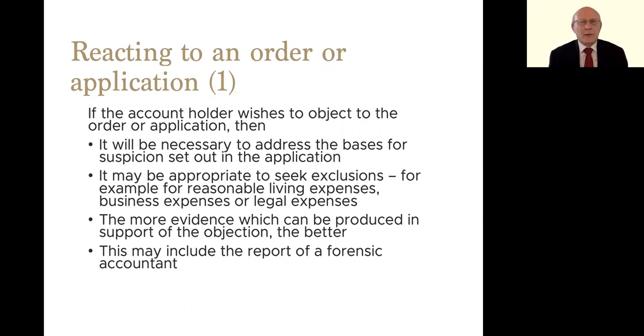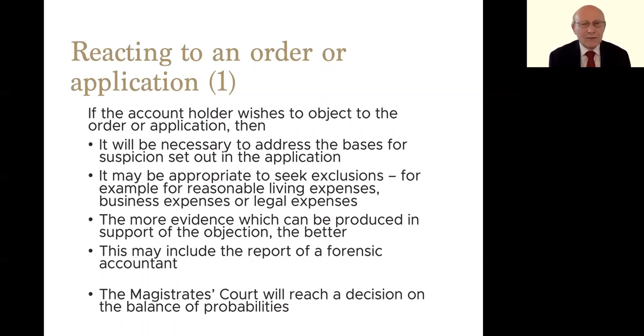So, for example, if you are saying that this particular client needs £1,000 a week for living expenses, because of the way he lives his life, then it would be useful, wouldn't it, to have an accountant's report looking back over the previous, say, 6 or 12 months as to what he's actually spent and what he's spent that on, to justify that it being reasonable that he needs £1,000 a week to live on.